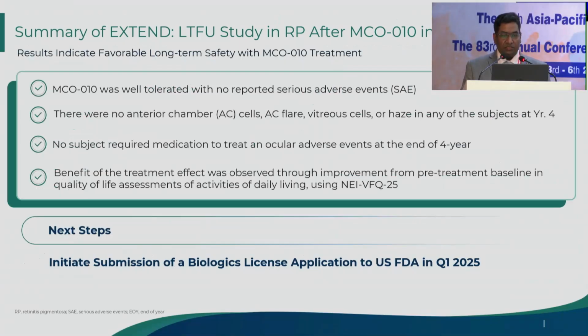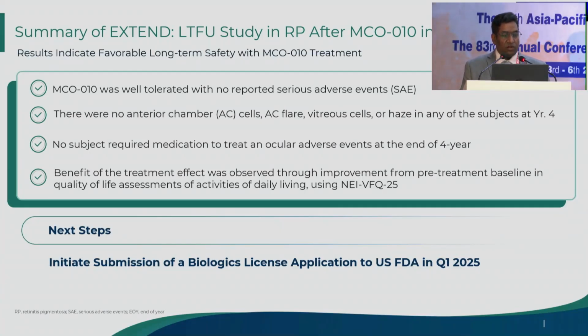So to summarize, the study in RP after MCO injection in phase 1-2A showed that MCO is well tolerated with no reported serious adverse effects. There are no anterior chamber cells or flare, vitreous cells or haze in any of the subjects even after 4 years.